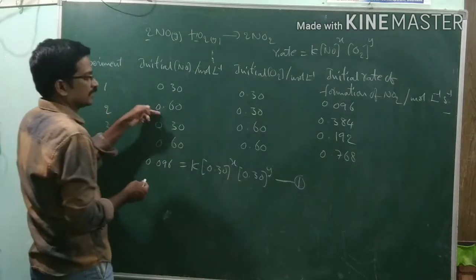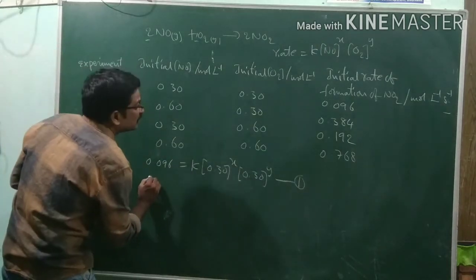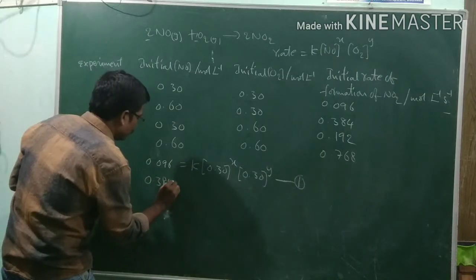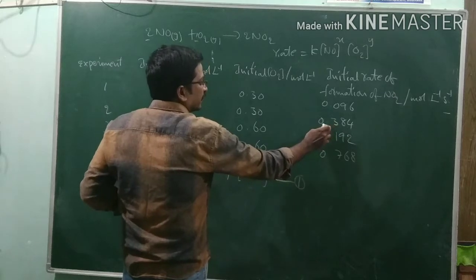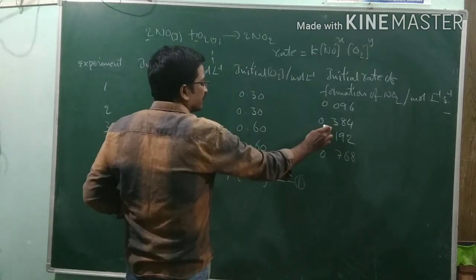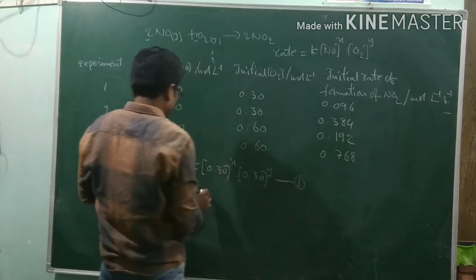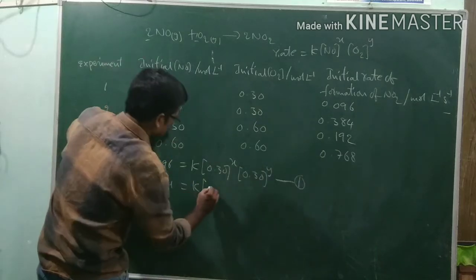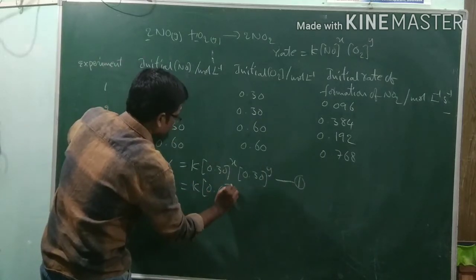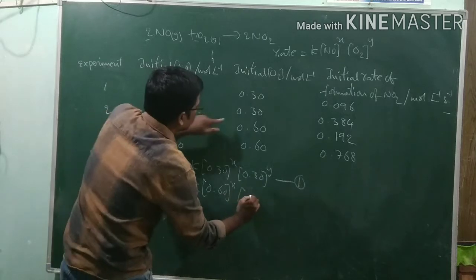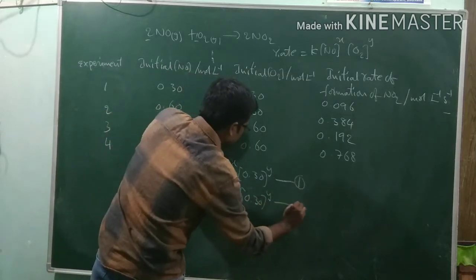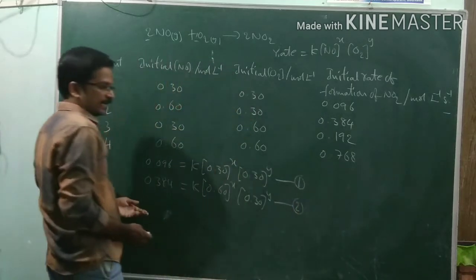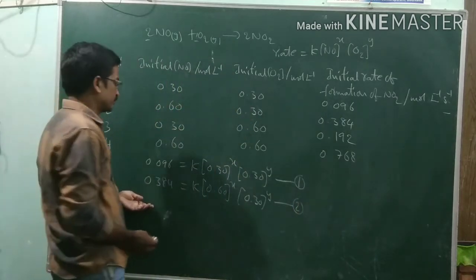Next one: 0.384 is equal to the initial rate of formation for another one, K into the NO concentration to the power of x, and the O2 concentration. So it is taken as equation number 2.